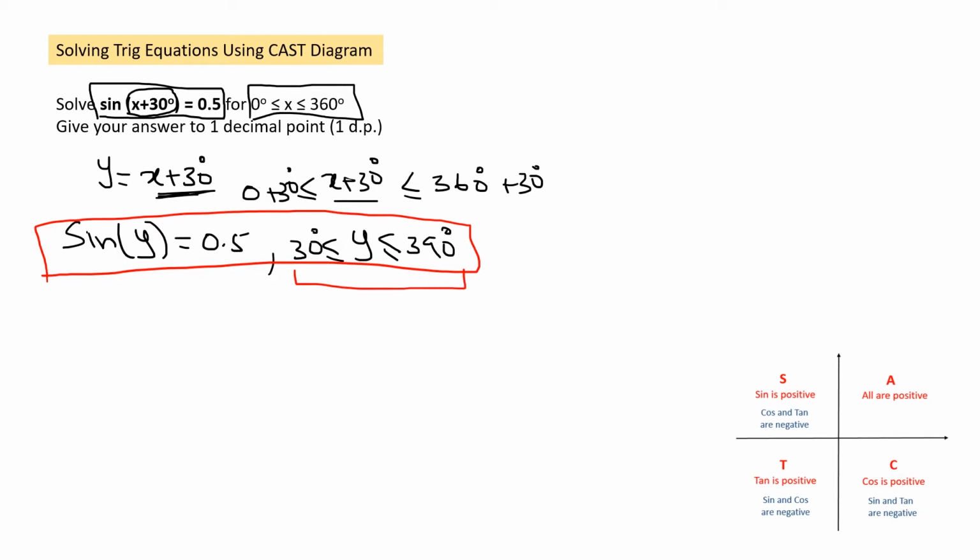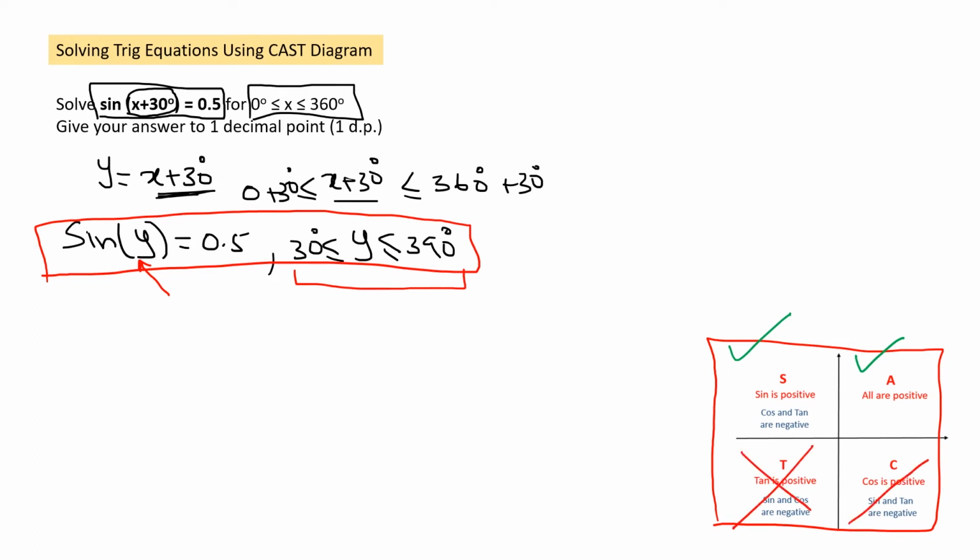We need to first figure out which values y can take. To do that, we need to use the CAST diagram. Our answer might lie in this quadrant. Our answer definitely lies in this quadrant as well as this quadrant, because in this quadrant all sine values are positive, and our answer won't lie in this quadrant or this quadrant.